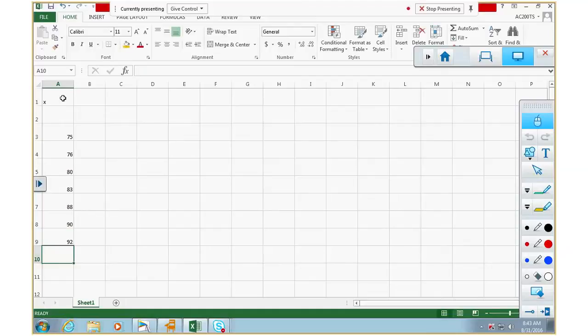The first thing you're going to need to decide is, put X right here. And up here, we're going to put N is equal to, N is the number of actual grades. So 1, 2, 3, 4, 5, 6, 7. N is equal to 7. Remember, N is always your total.